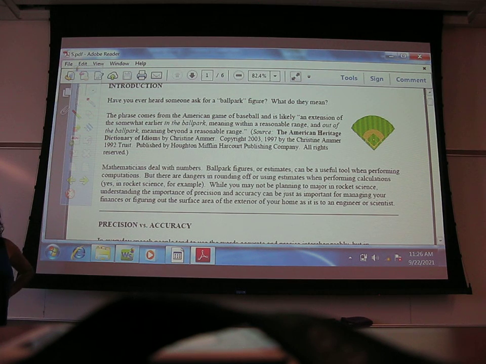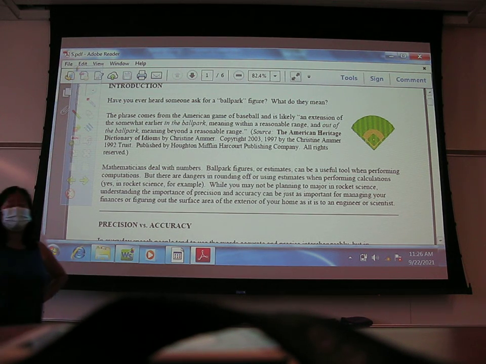Yes, in rocket science, for example. While you may not be planning to major in rocket science, understanding the importance of precision and accuracy can be just as important for managing your finances or figuring out the surface area of the exterior of your home as it is to an engineer or scientist.